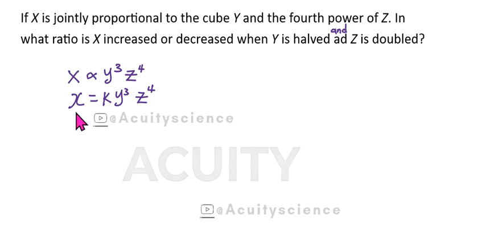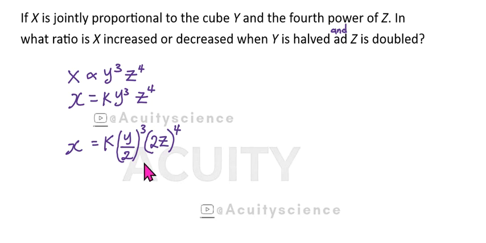What we'll do is imagine another x, again with the constant, but with half of y, still to the power 3, and double z, so 2 times z, which after multiplying by 2 is now raised to power 4. So let's find the ratio of this first one to this second one.